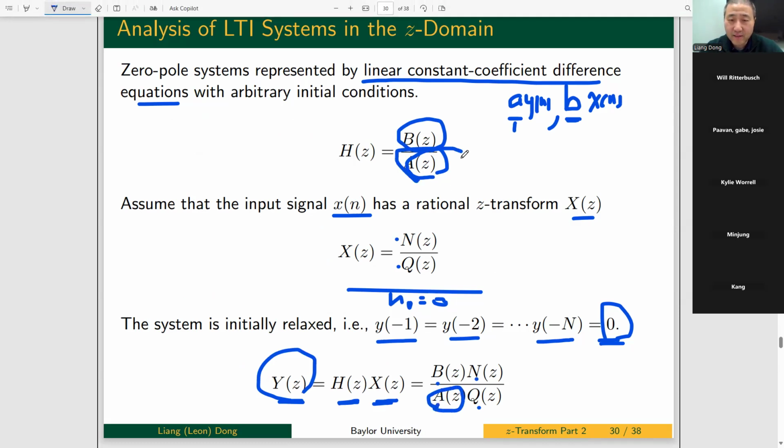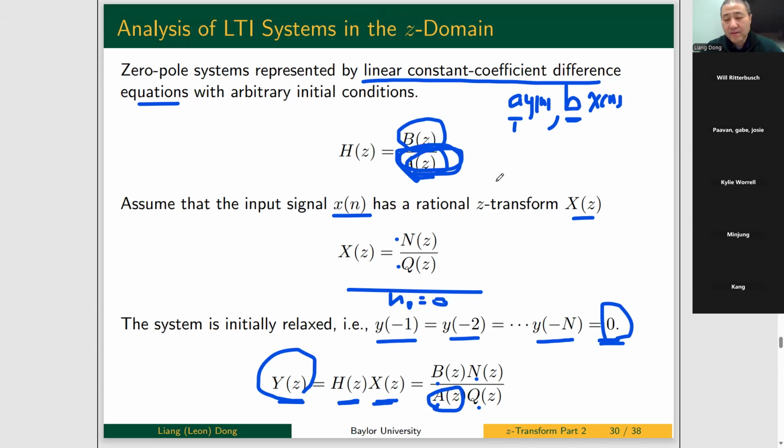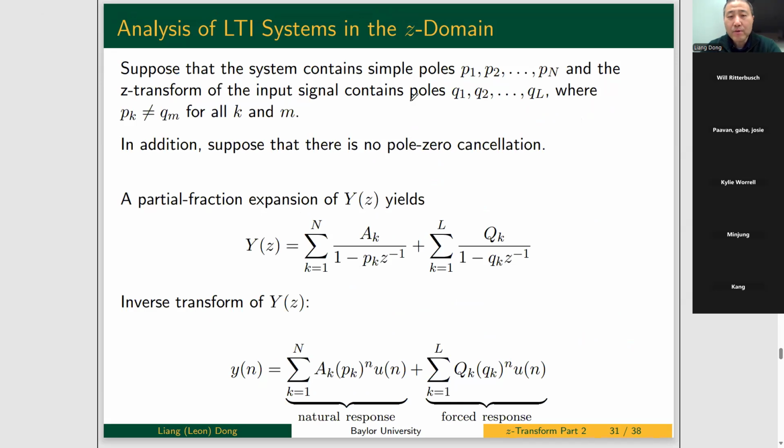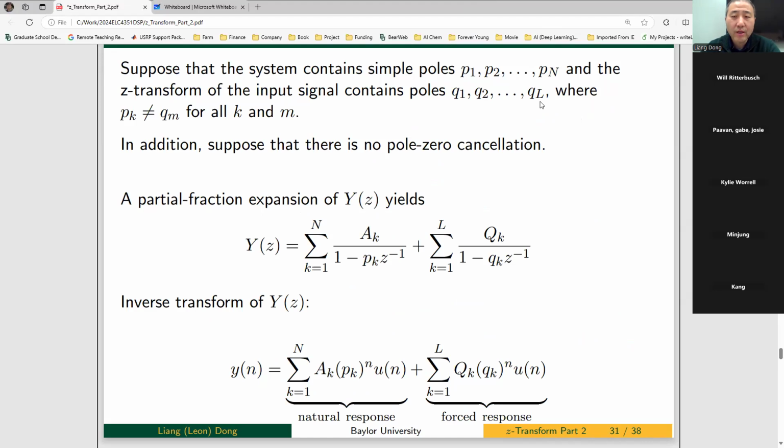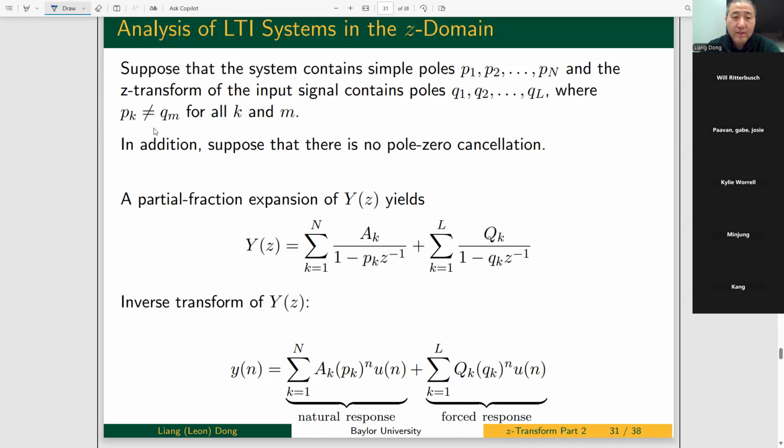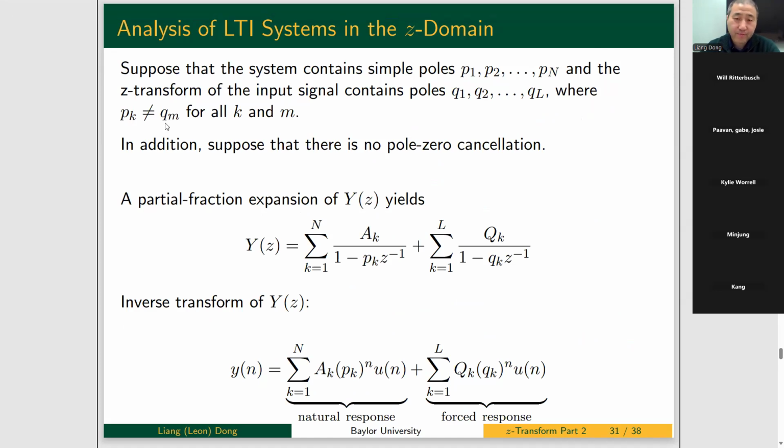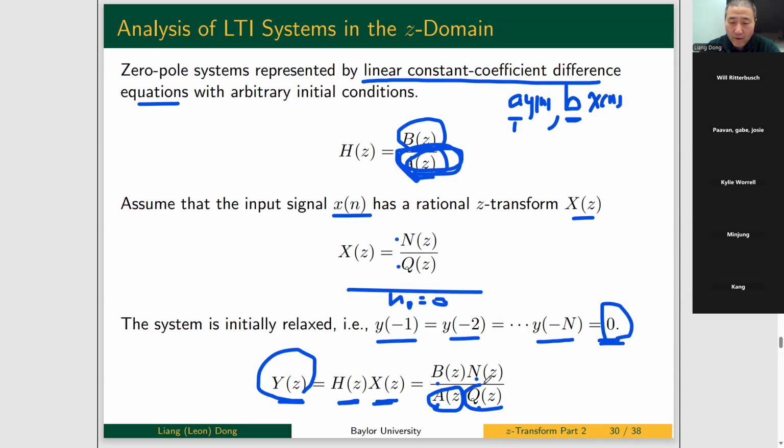And the Z transform of the input signal contains poles q1, q2, all the way to qL, where these P poles and Q poles are not equal. Everything is distinct. Those q's are the roots of this polynomial Q(z), which we call the poles of my input signal X.